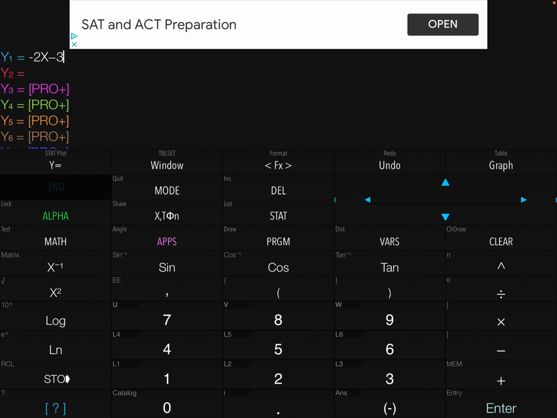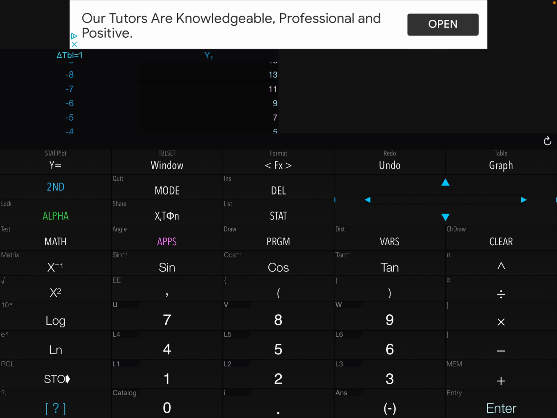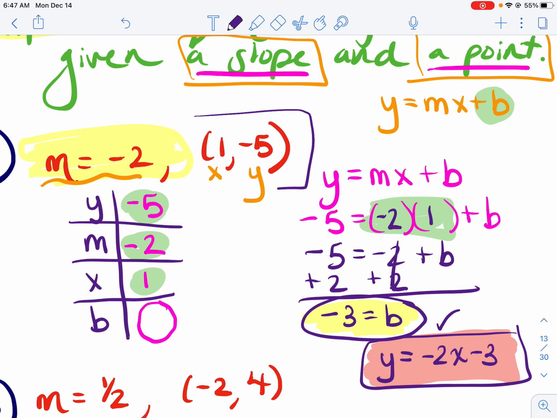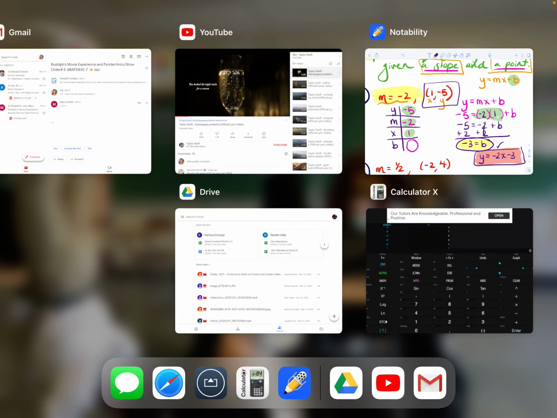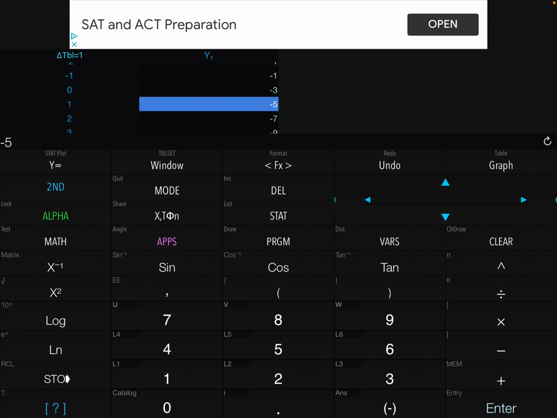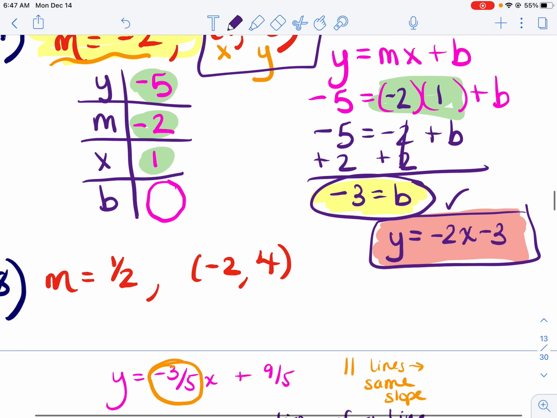I'm going to hit second graph to go to the table. What point should be on there? Originally, I gave you the point (1, -5). 1, -5. Phew, I was getting a little nervous. It's there.